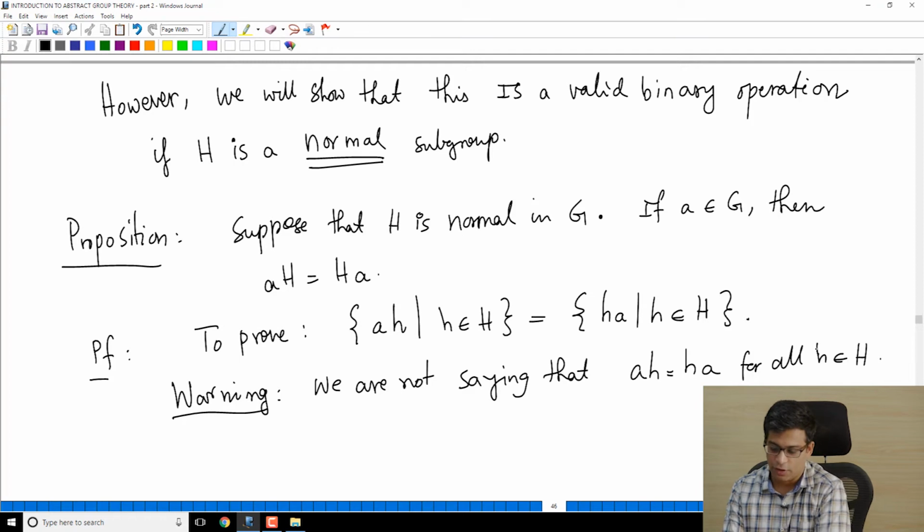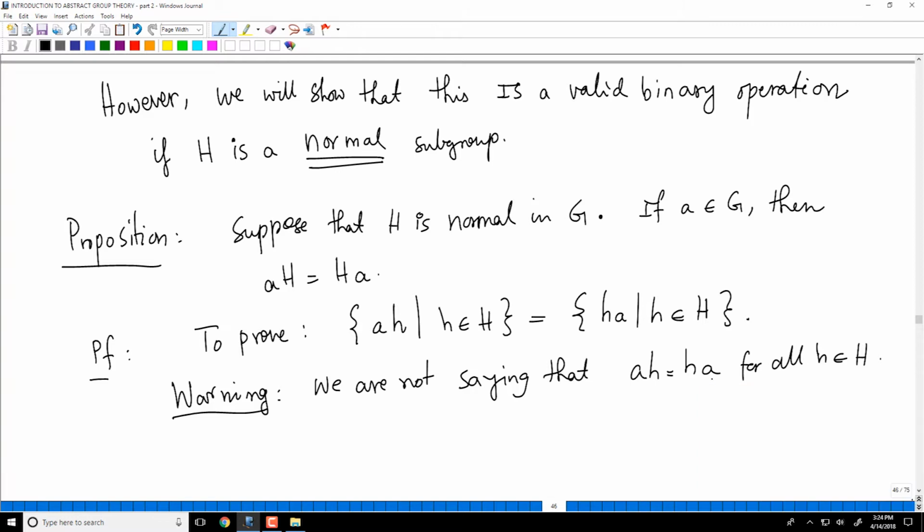If this happens for every a, this means that H is in the center of the group, if you recall the definition of the center of a group. But H can be normal and not be in the center of the group. So I'm not saying this. Why am I not saying this? This is a weaker statement because I'm saying that a times small h is equal to some other small h times a.